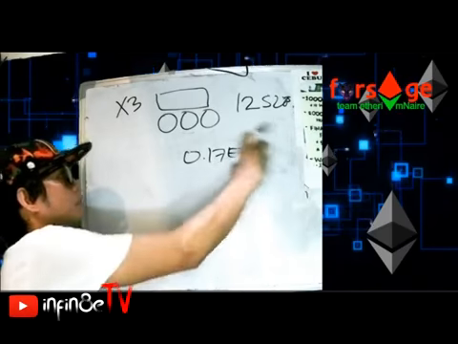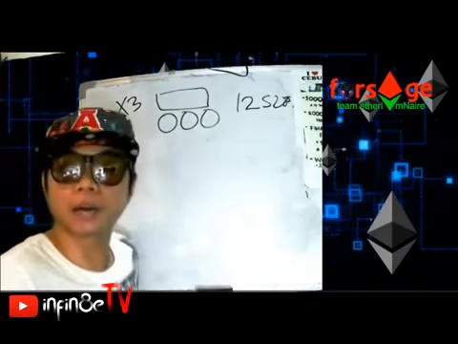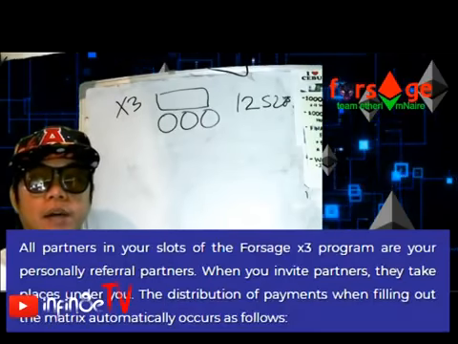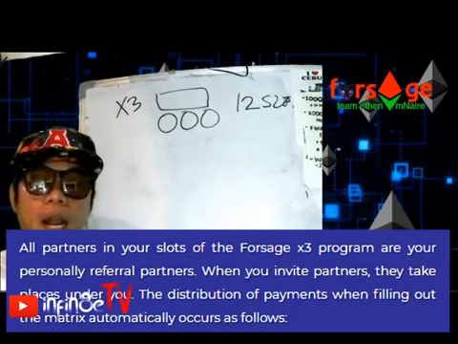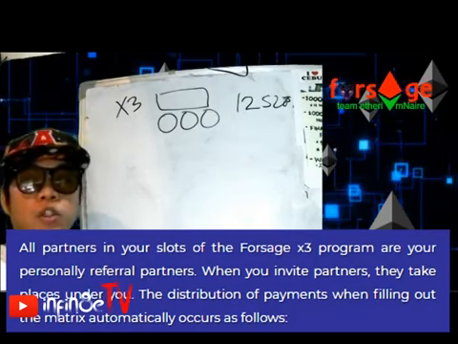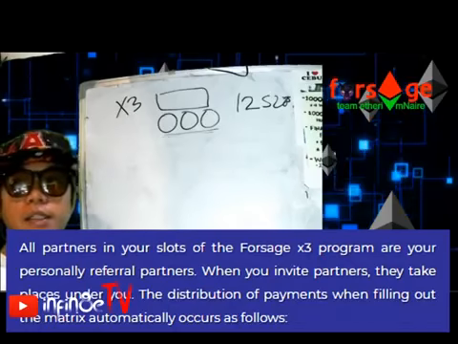Okay, now, paano naman tayo kikita kay X3? Simple lang. Yung pagkita po kay X3, okay, ganito po. Once po na meron tayong clients na nag-participate kay Forsage, automatic po dito po sila lalaman kaagad sa vacant slot natin.